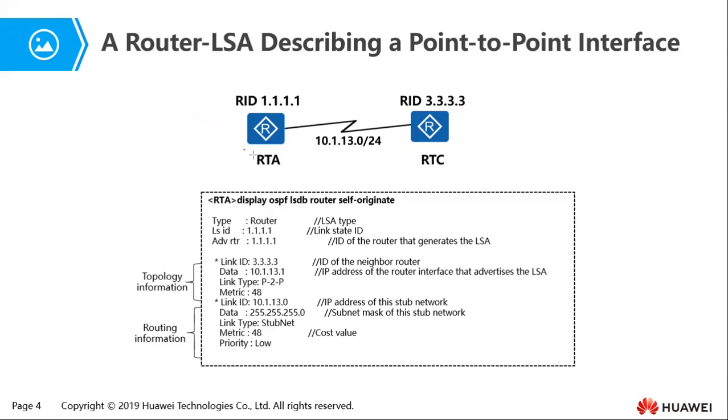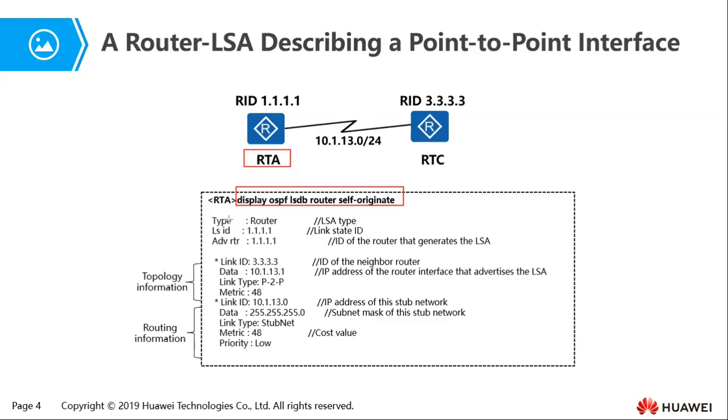Now, if, for example, we are in RTA, whose router ID is 1.1.1.1, and you use the command display ospf lsdb router self-originate, you're specifying that you want a Router-LSA, and self-originate means that it is this router that has produced this particular LSA.